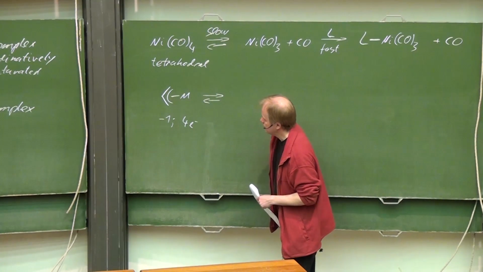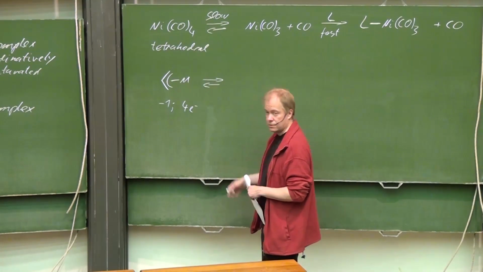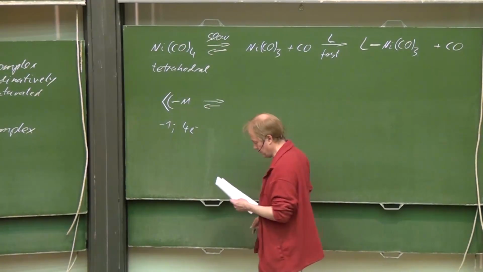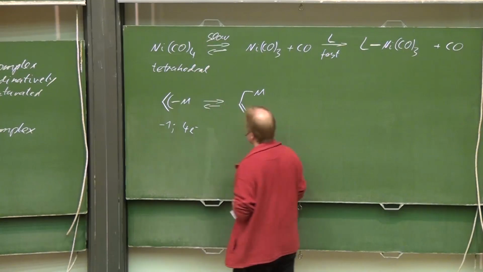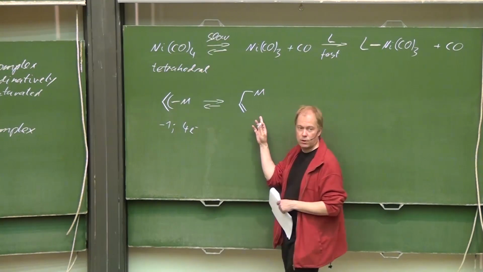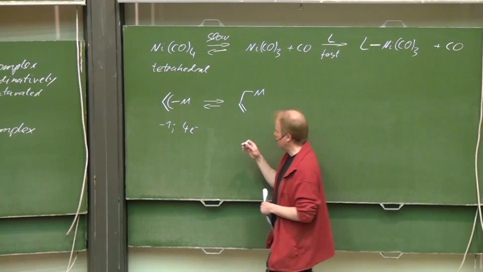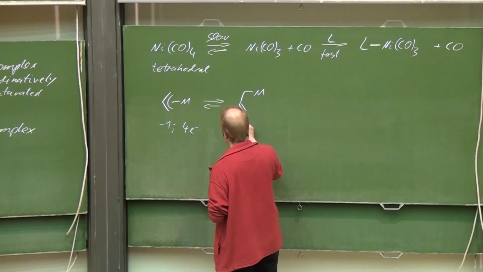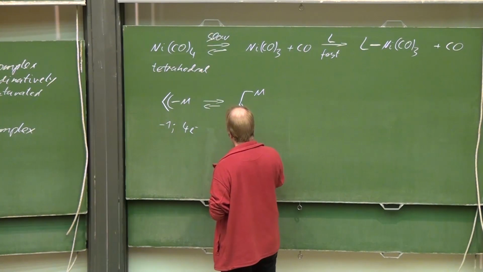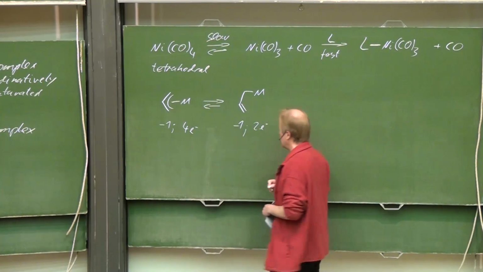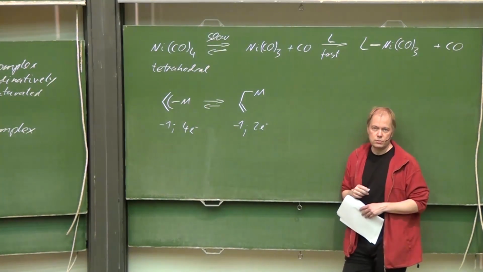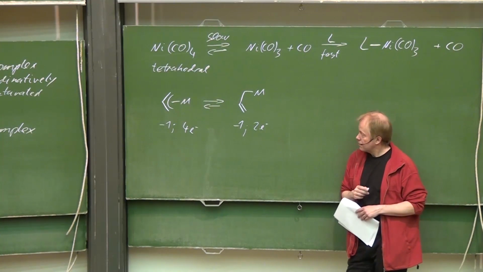And here we can sometimes observe an equilibrium with the eta-1 allyl complex. So again, still -1, but clearly only 2 donor electrons.